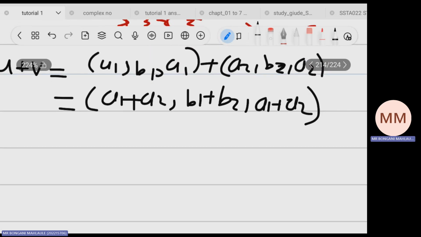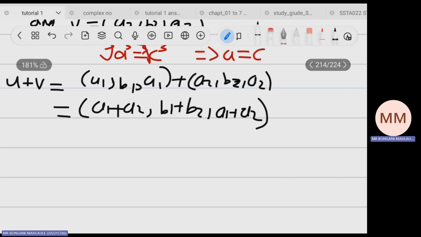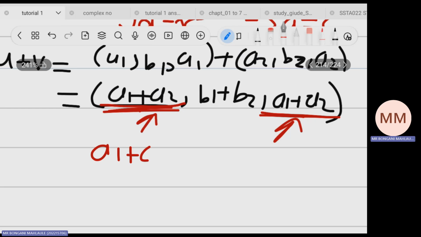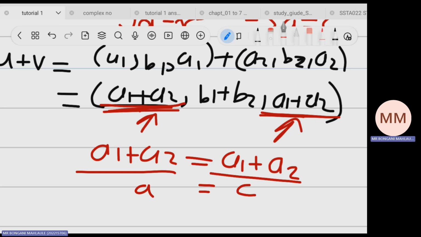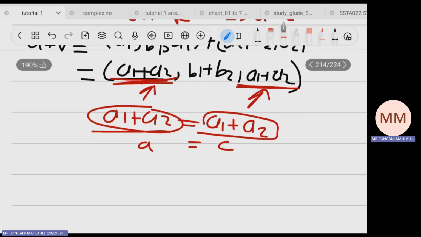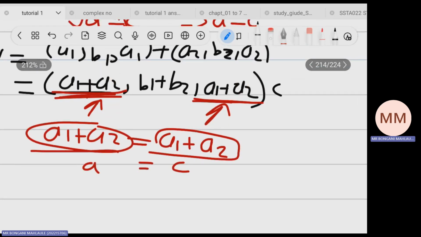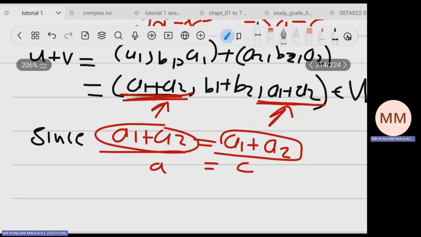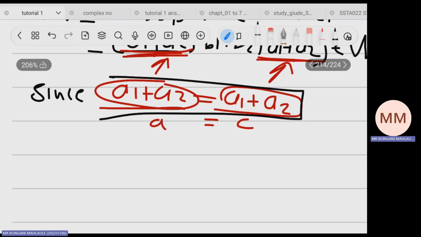You can see that this is actually going to be an element of W, since this is equal to this. So try to be observant, guys. We can see that A1 plus A2 is equal to A1 plus A2, so this is like A is equal to C. So now we can say that this is an element of W.